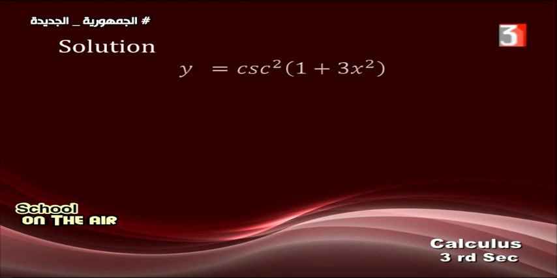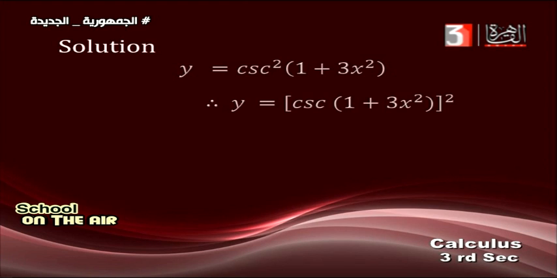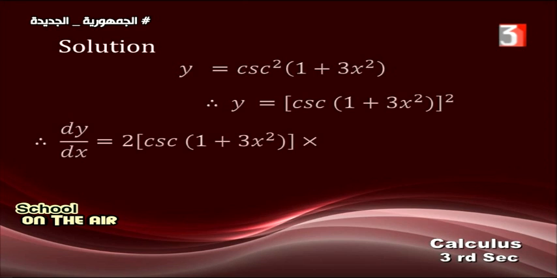Now we can write y equals cosec of 1 plus 3x power 2, all to the power 2. Now we have a bracket to the power 2. The derivative dy/dx equals 2 multiply the bracket power 1, cosec of 1 plus 3x power 2, all to the power 1, multiply the derivative of the function inside the bracket.